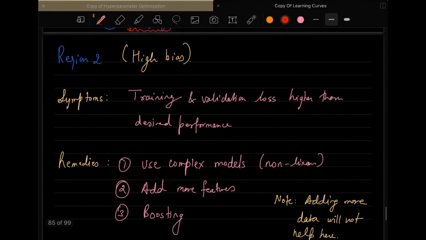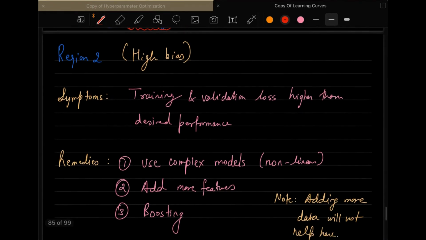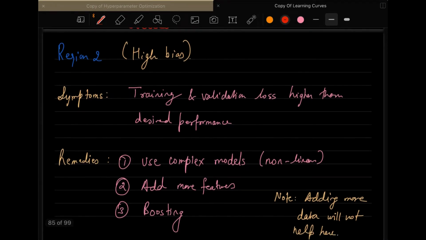The second thing is if your model is suffering from high bias, then the symptom for that is that both your training and validation loss will be higher than your desired performance. And the remedy for that will be to use complex models. This is very easy, right? If you have fewer features, try to incorporate more features.